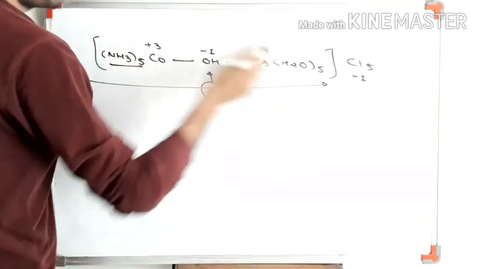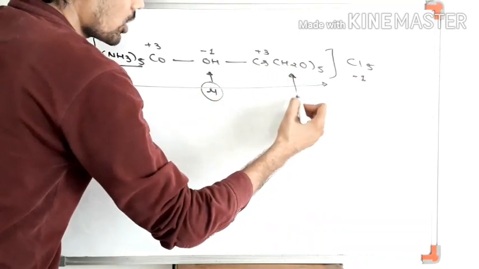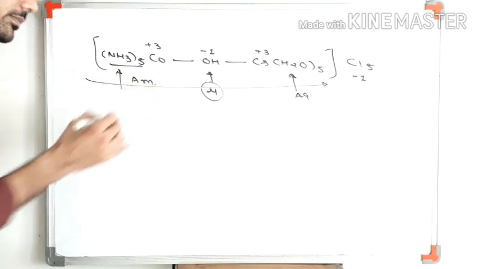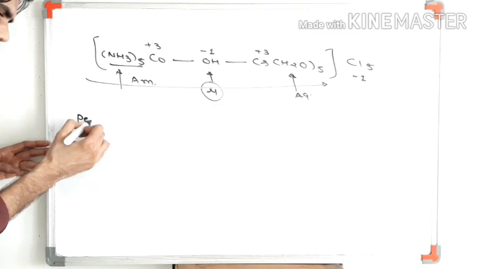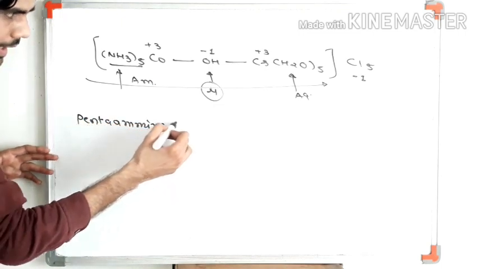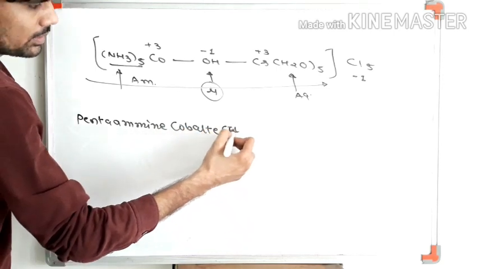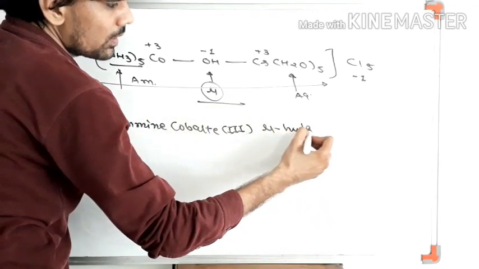Get the name from this side, or the name from whichever appears first in alphabetical order. Like here, alphabetical order is aqua, alphabetical order is ammine. Mainly from this side, name should be pentaamminecobalt(III). Now mu-hydroxo.